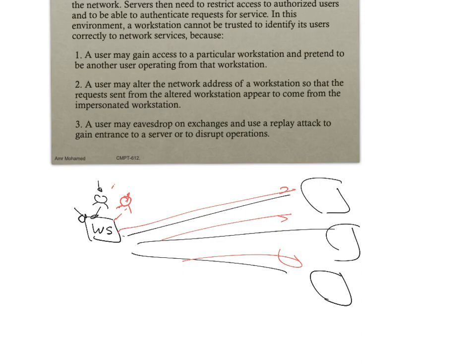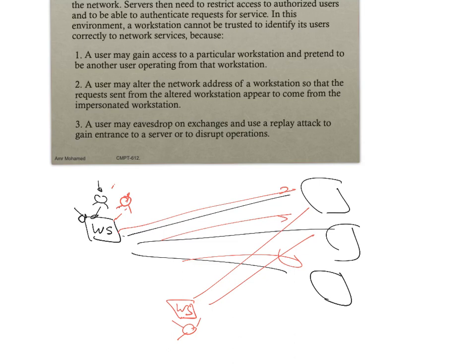Or another scenario, which is a user may alter the network address. So I'm going to use another workstation, and then through that workstation, somehow I will manage to send these servers requests as if it's coming from this workstation.